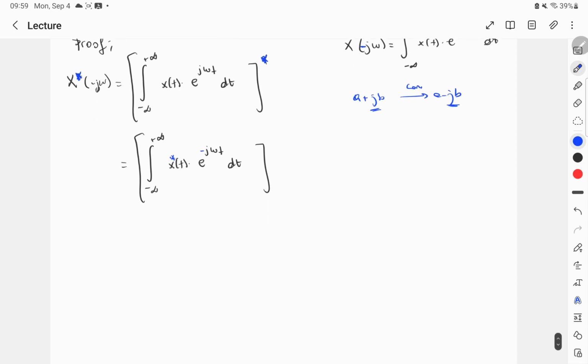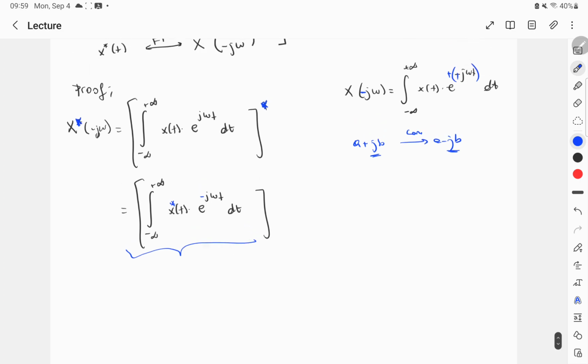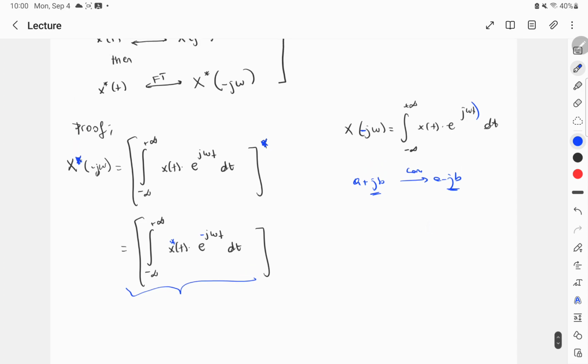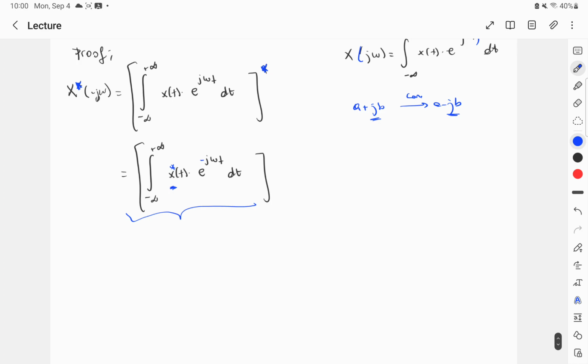As a result, what we observe is that this was actually the same as our original formula without the minus, and the only difference is that the function is the conjugate.